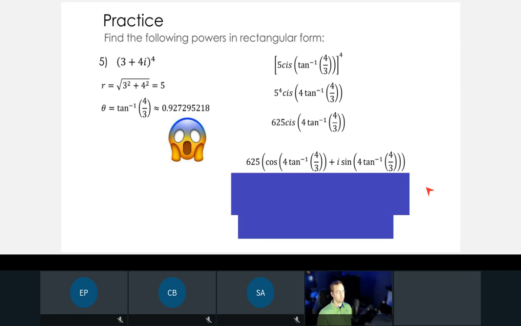And then type in sine parentheses 4 arctan parentheses 4 over 3 in parentheses, and hit enter. Negative 336 over 625. I agree with that.